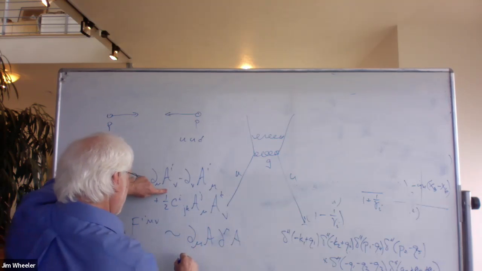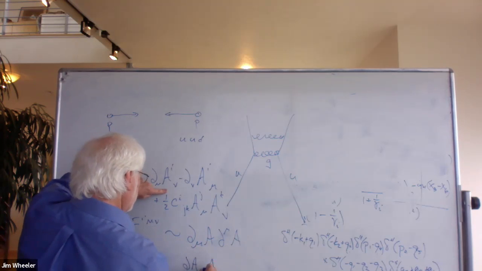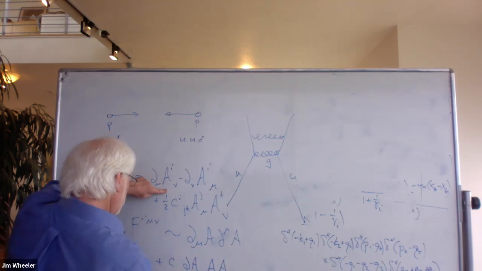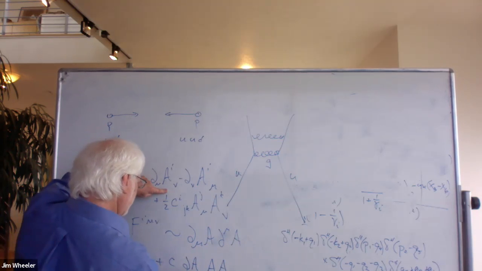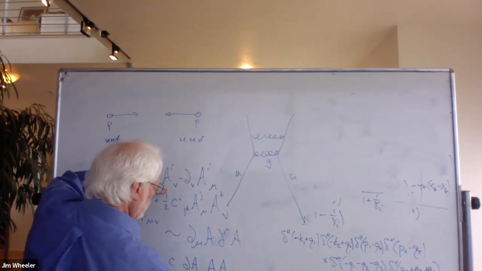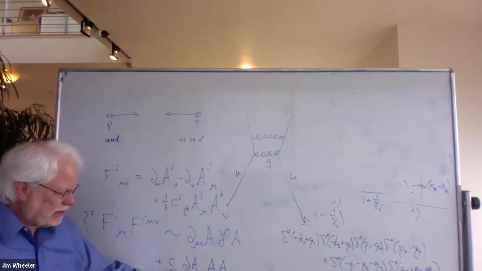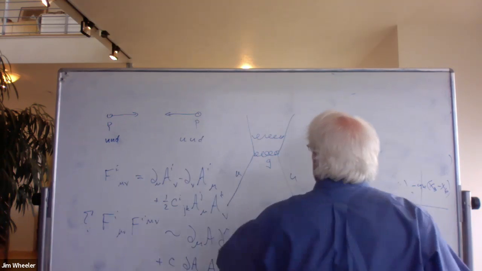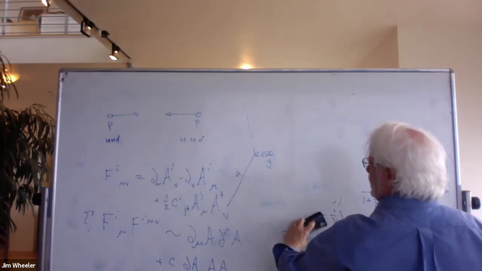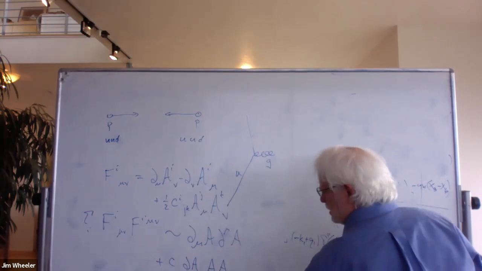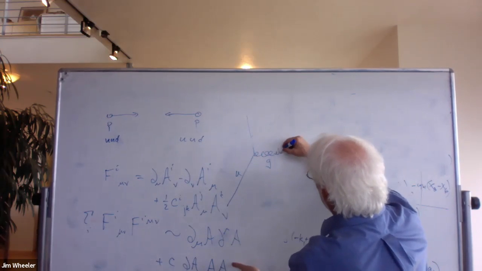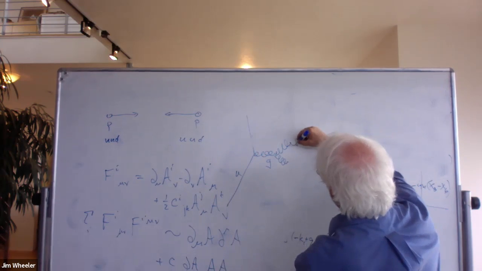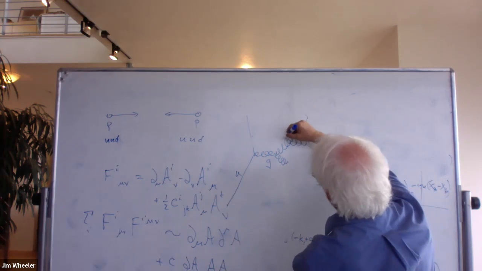But you're also going to have dA with an A and a C, and you're going to have two C's and four A's. These are interaction terms. And they say that another thing that can happen in a strong interaction is that a gluon can turn into two gluons, or a gluon can turn into three gluons.